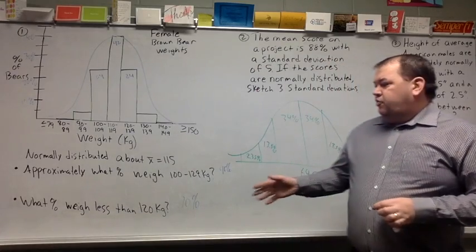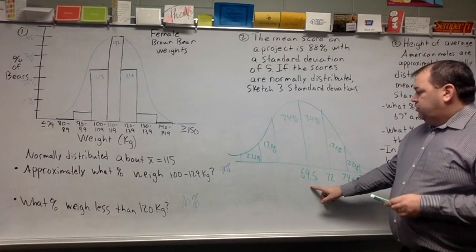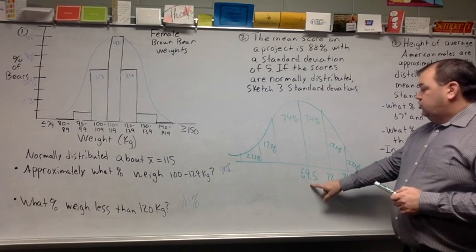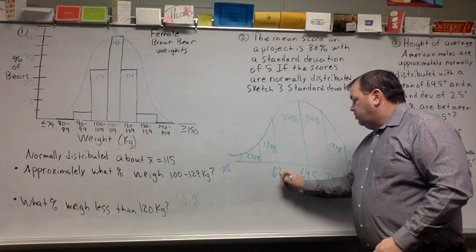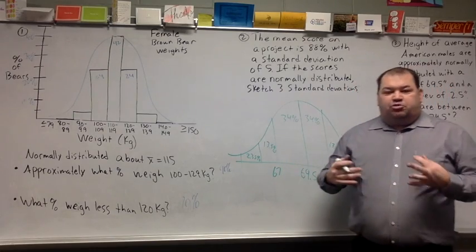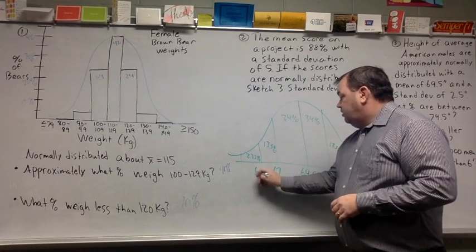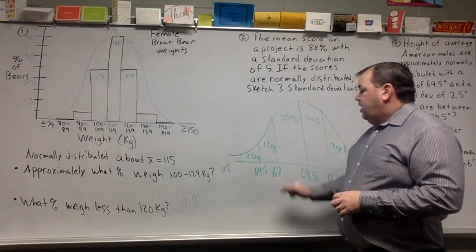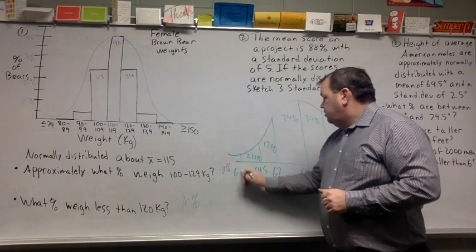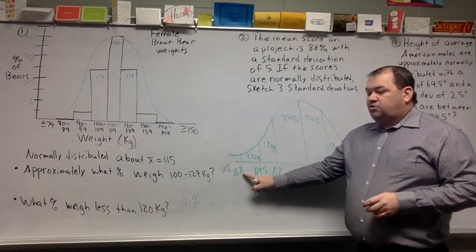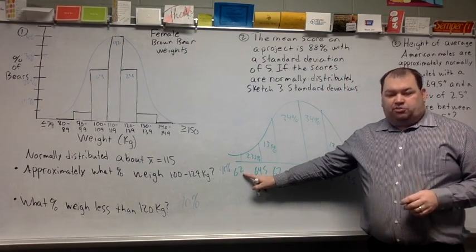Now let's work the other side of this. Let's work backwards. So if I subtract 2.5, I'm sitting at 67 inches. And if I subtract 2.5 again, and if I subtract it one more time, now 62 inches is 5'2".